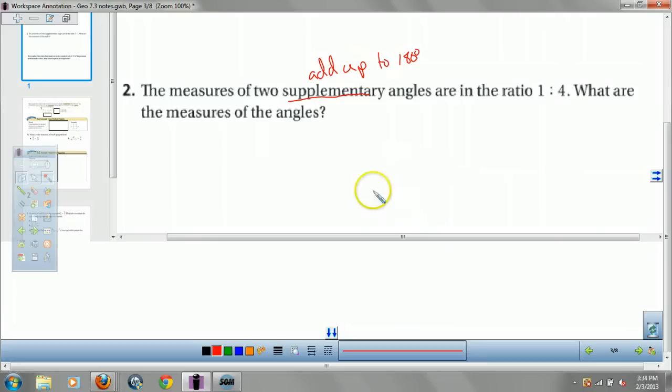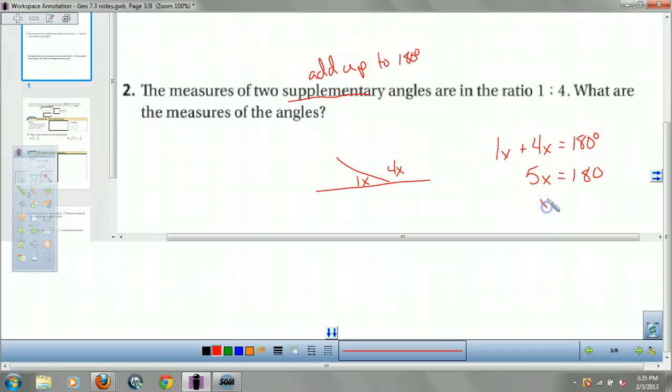These are actually very simple because you have your supplementary angles, 1:4 ratio. You just throw x's in there. So 1x plus 4x equals 180 degrees. So 5x equals 180. So x is going to be equal to 36, right?